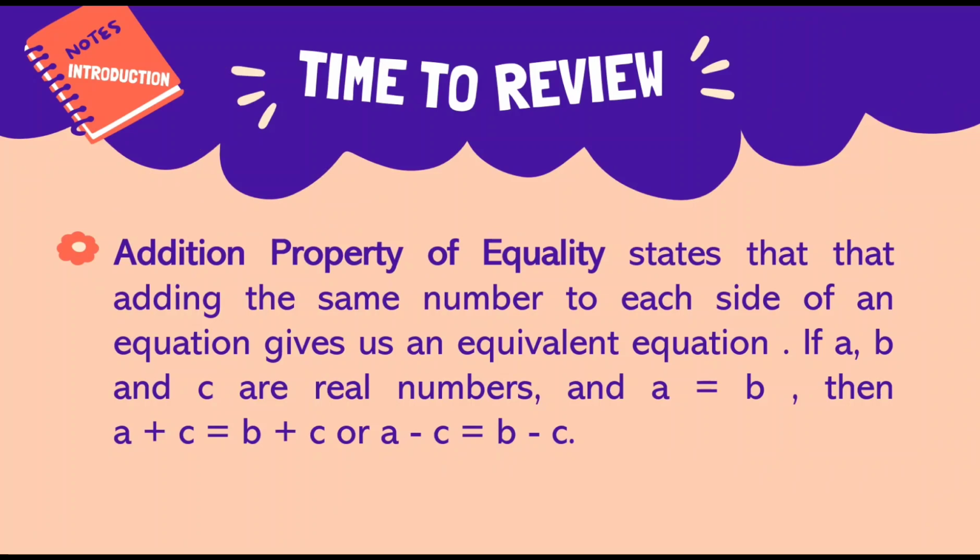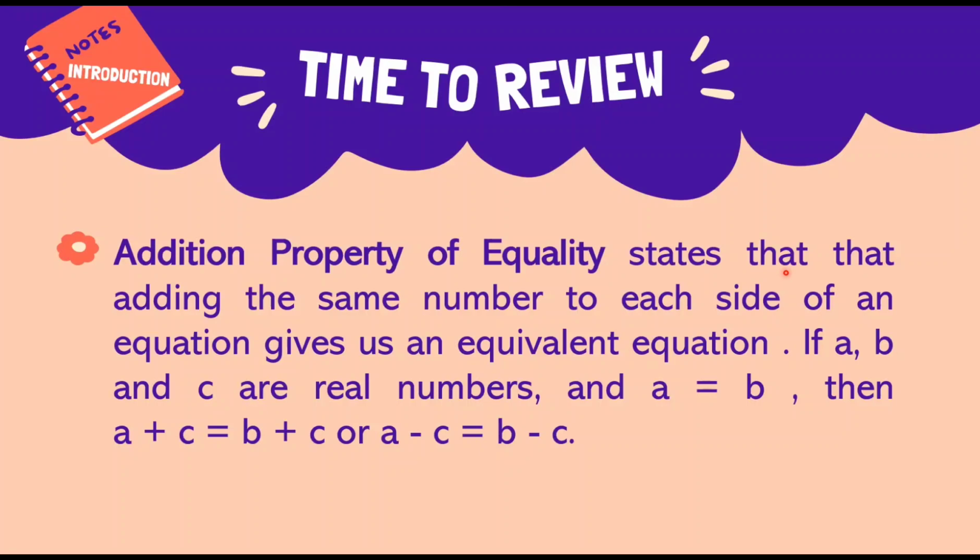Let us recall the properties of equality that will help you solve linear equations in two variables. Among which are the addition property of equality and the multiplication property of equality. Let us recall first the addition property of equality.